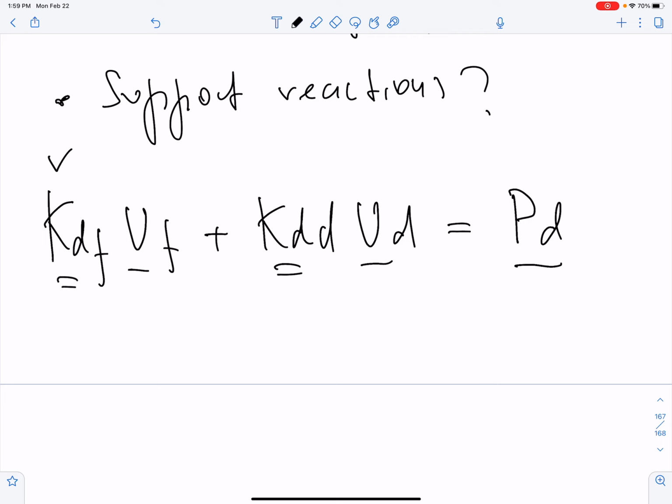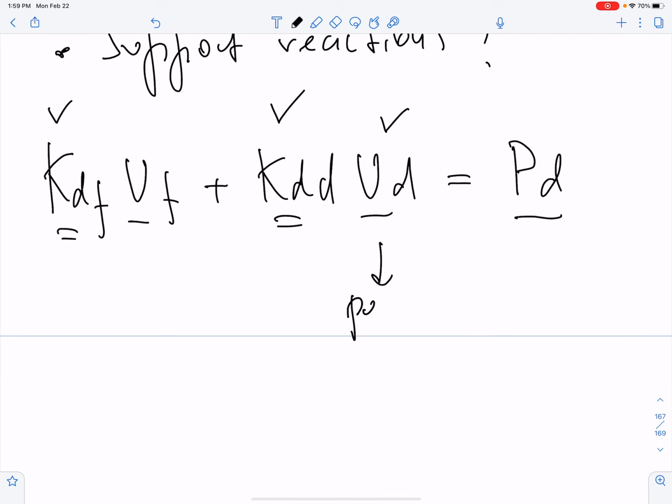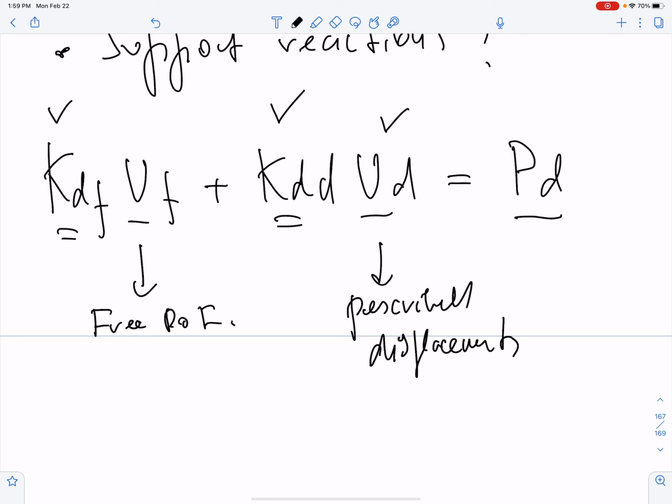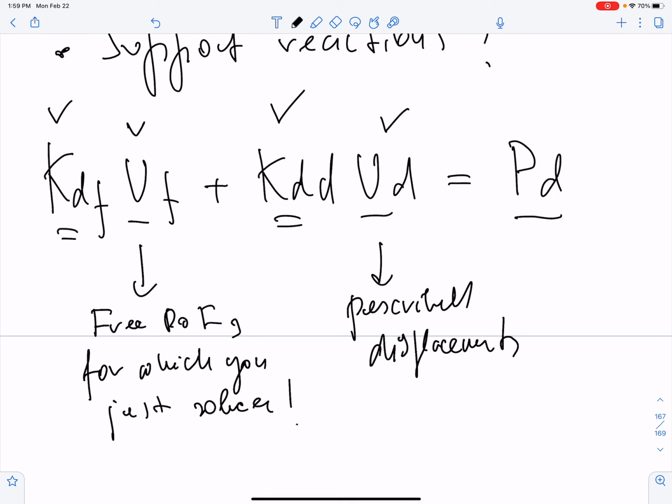I'll show you in the example. KDD, the same thing. UD, you know, because these are your prescribed displacements. And UF, you know, because you just solved for it. These are free DOFs for which you just solved. So you know everything on the left-hand side. And guess what? PD is exactly your support reactions that you don't know.